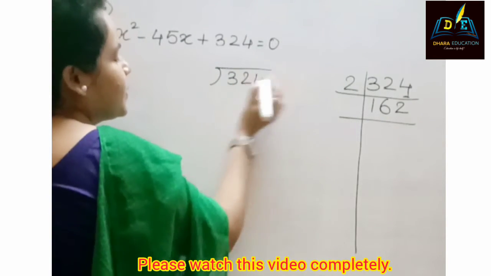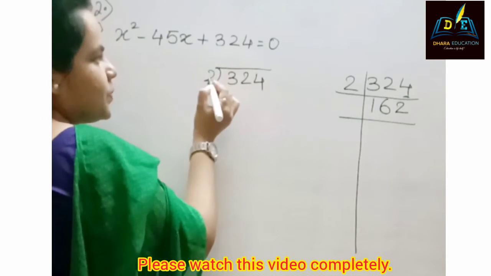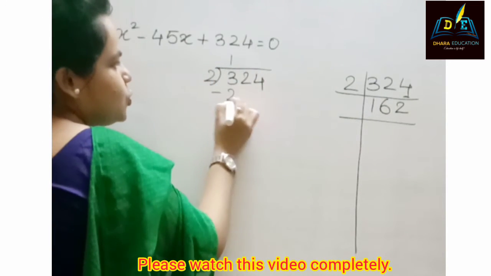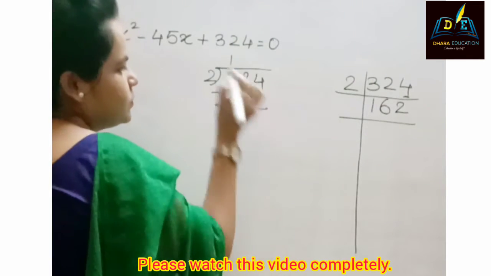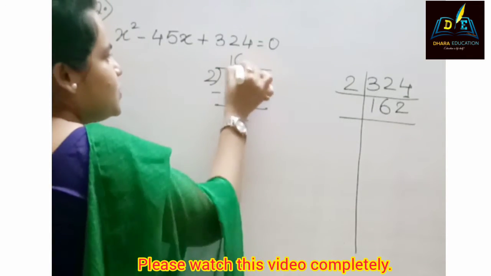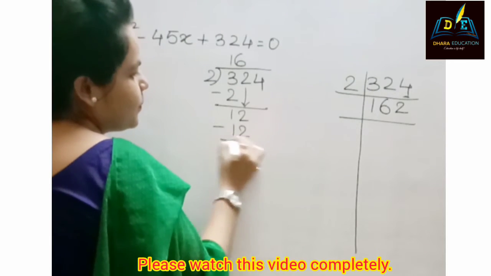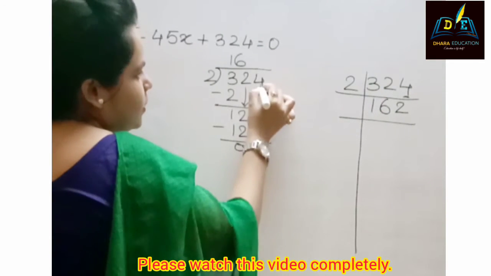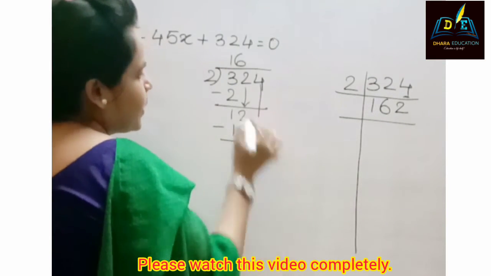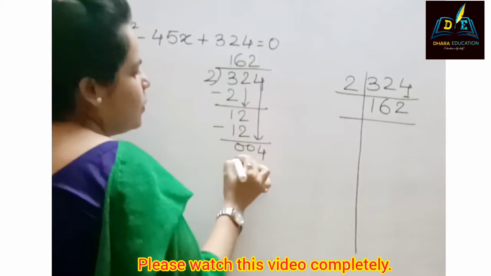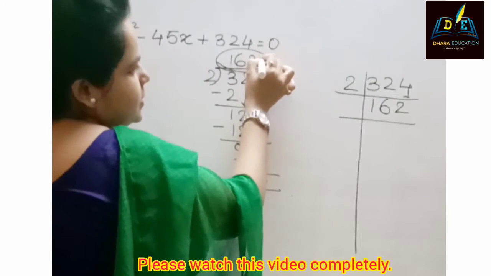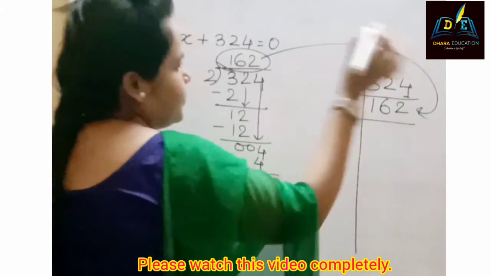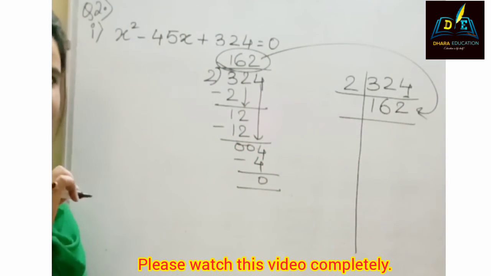324 is going to be divided by 2. So 2 ones are 2, this 2 will come down. Now 2 sixes are 12. Now this 4 will come down, and 2 twos are 4. So the question is the same as I have written here. Am I clear on this point?